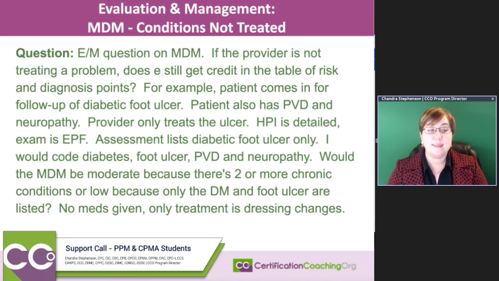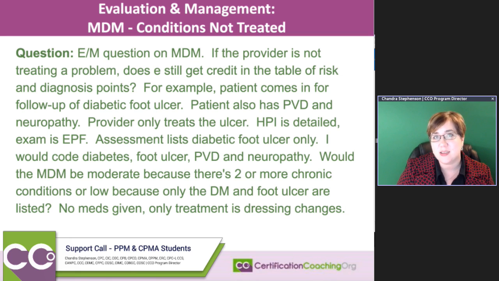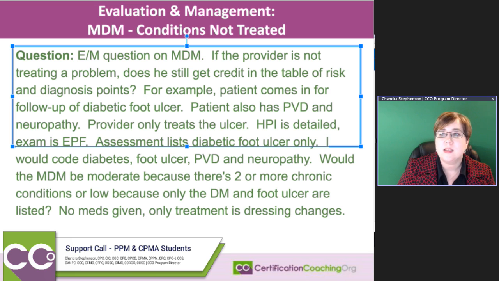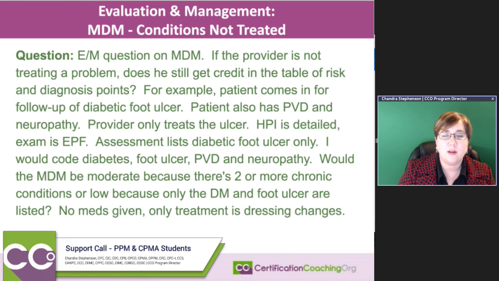Okay, the next evaluation and management question comes down to medical decision making and conditions not treated. Question came in and says, evaluation and management question on medical decision making. If the provider is not treating a problem, and I think that's supposed to say does he or she still get credit in the table of risk and diagnosis points? For example, if a patient comes in for a follow-up of a diabetic foot ulcer, patient also has peripheral vascular disease and neuropathy.